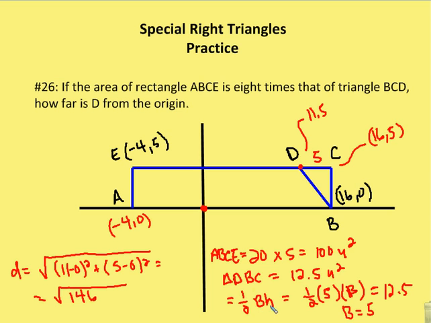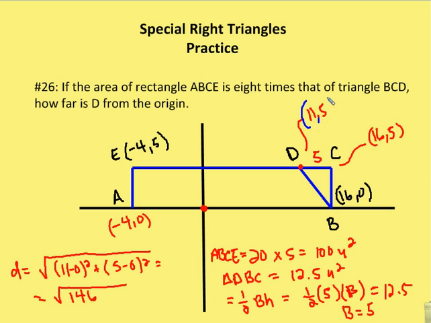And I know that half base times height is equal to the area of the triangle DBC. I know that the height is 5, so 1/2 times 5 times, let's say, the base DC is equal to 12.5, and I figure out that the length DC is 5. So given the length of DC is 5, and if you want to pause because I'm going too quickly, just go ahead and pause, then I know that the coordinate for D is going to be 11, 5.